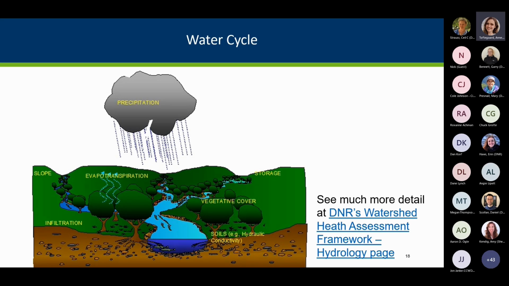Hydrology is basically studying the different parts of this cycle and figuring out how often these things occur and how much. So using estimations of hydrology, we can predict how much precipitation gets onto the landscape, how much evapotranspiration there is, how much water soaks into the ground, which is infiltration, and then groundwater flow, and thus how much stream flow there will be in a system during a flood event and how often.